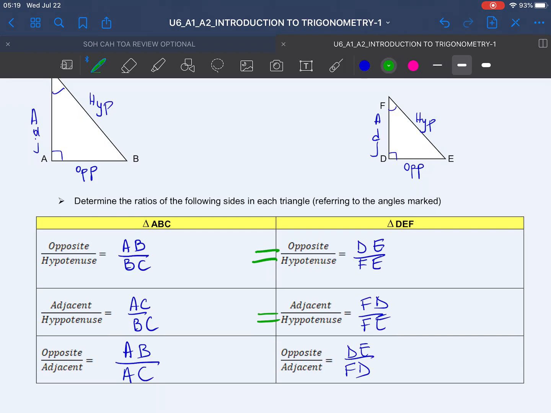So again, we're going to say these two ratios are equal to each other. Now we call opposite over hypotenuse the sine, adjacent over hypotenuse the cosine, and opposite over adjacent the tan ratio. So that's where the names SOH, CAH, and TOA come from.